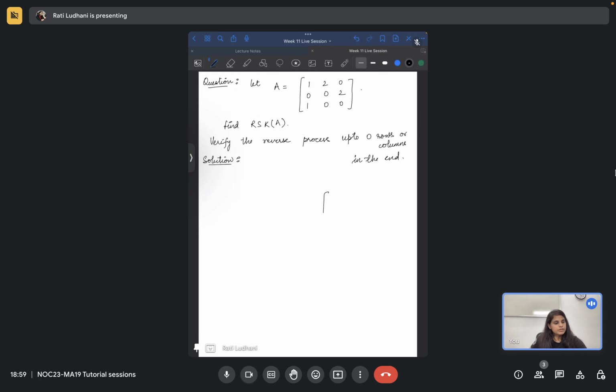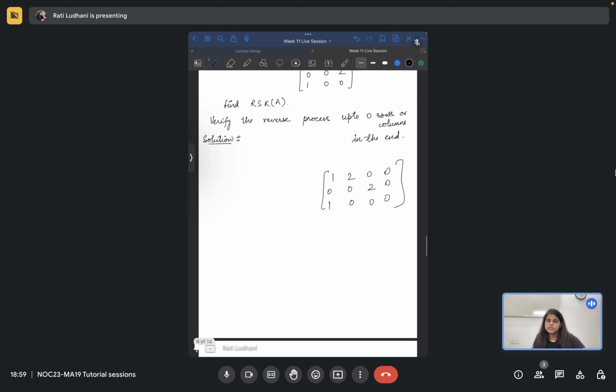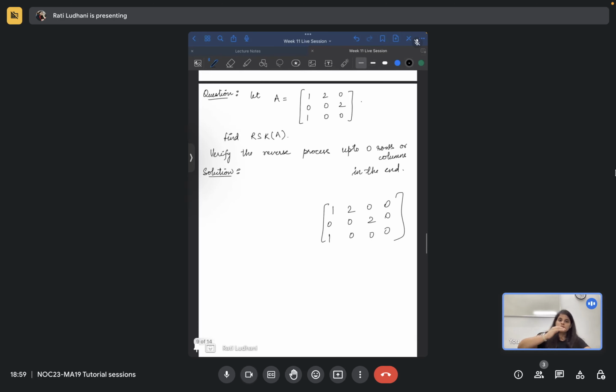As I explained earlier, you can get something, you are not sure if this is your A or something else. This could be your A also if you go the reverse process, because when you got the bivector, it does not record this thing. So you are not sure unless you know the size of the matrix, n cross m. If you know the size of the matrix, then you are okay.